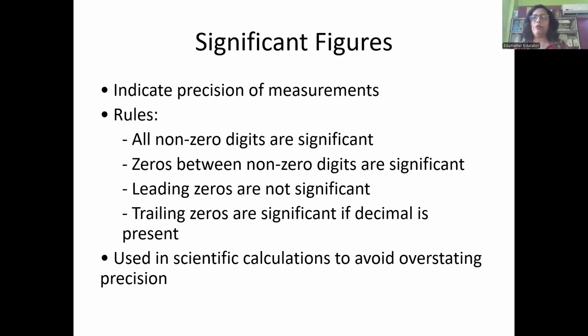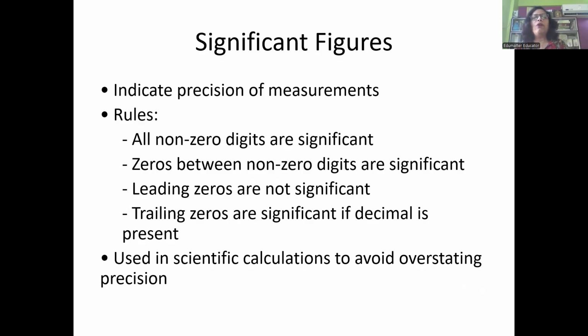Can we round it off to 2 meters or 2.0 meters? So what number of figures should we use while stating the measurement of some particular quantity? This actually indicates the precision of measurement, how accurate the result is.